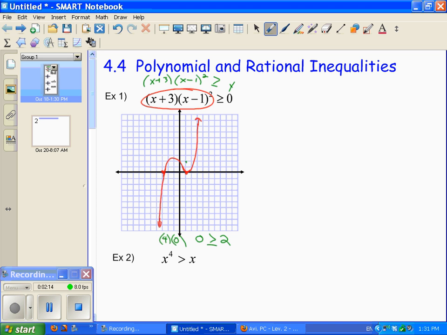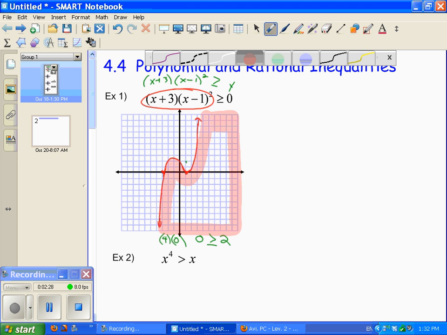True? No. So I have to shade below this graph. So if it's no, you have to shade the opposite. Bad shade job, but that's what I'm going to get for that one.